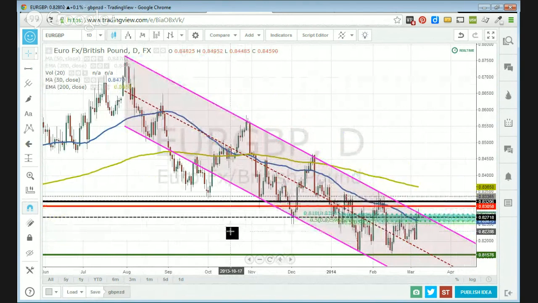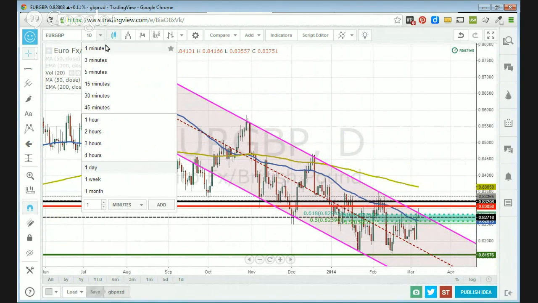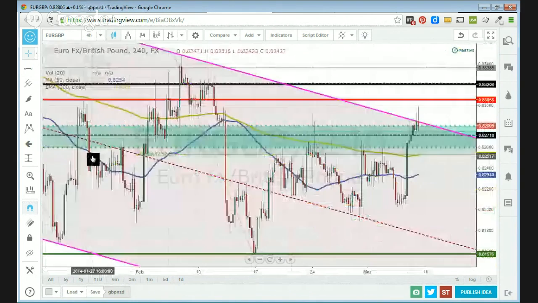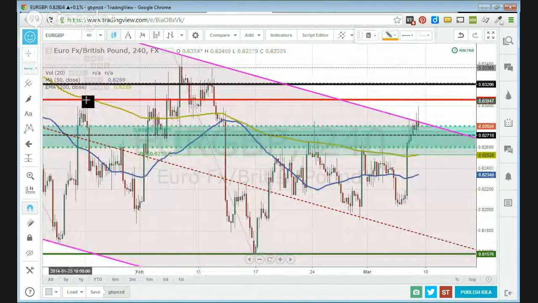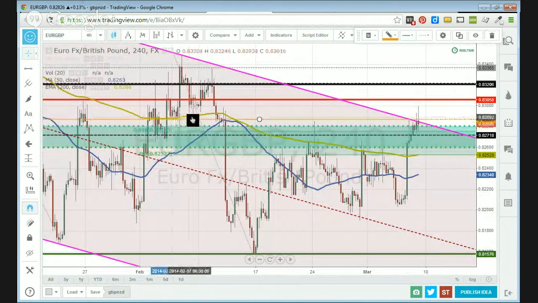Okay. So we can basically enter, I would say, let's look at the 4-hour chart for our entry. And sometimes it is worth looking at a lower time frame to get the entry point you're looking for.